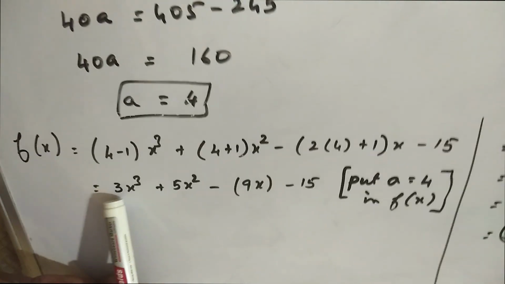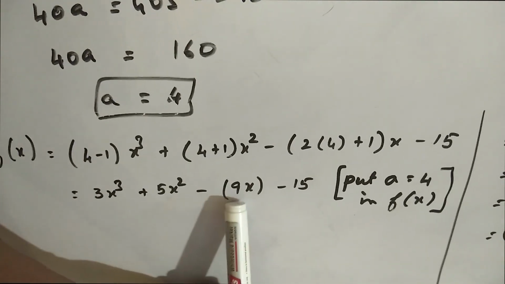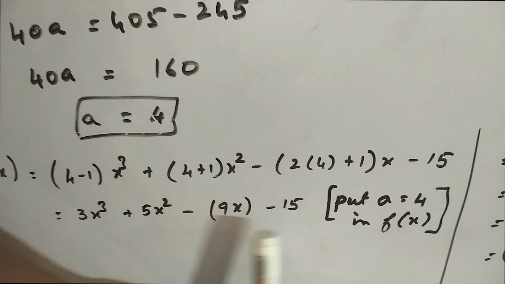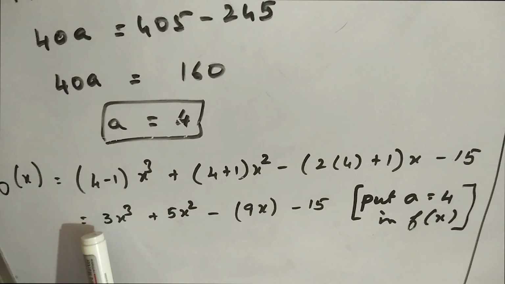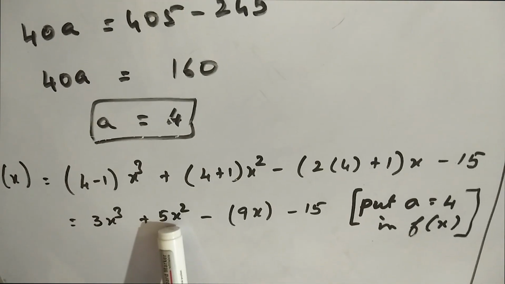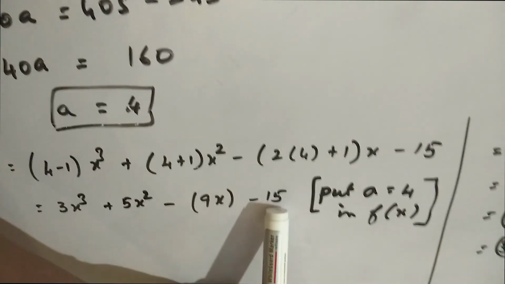Then you will get 3x cube plus 5x squared minus 9x minus 15. So the given expression will become 3x cube plus 5x squared minus 9x minus 15.